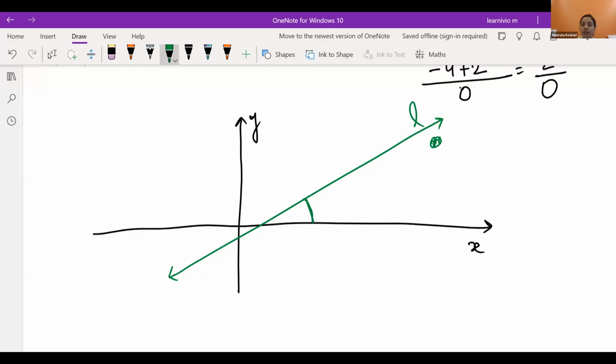Okay, of course in anti-clockwise direction, as you have learned in trigonometry. So in inclination we are checking how much this line is inclined towards the x-axis. That's called slope. Okay, we are trying to find the inclination of this line L.